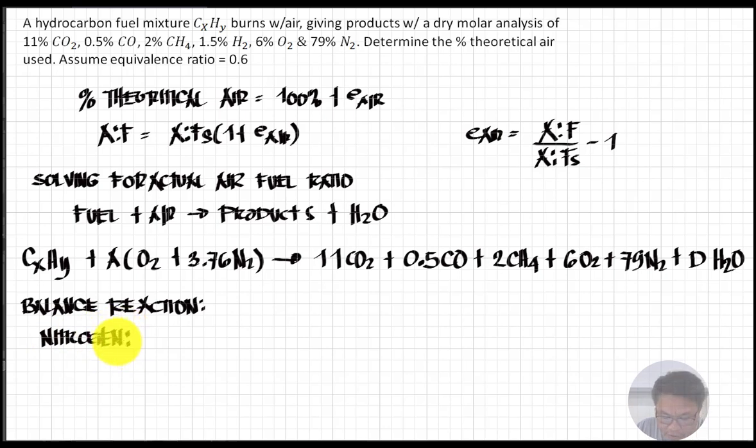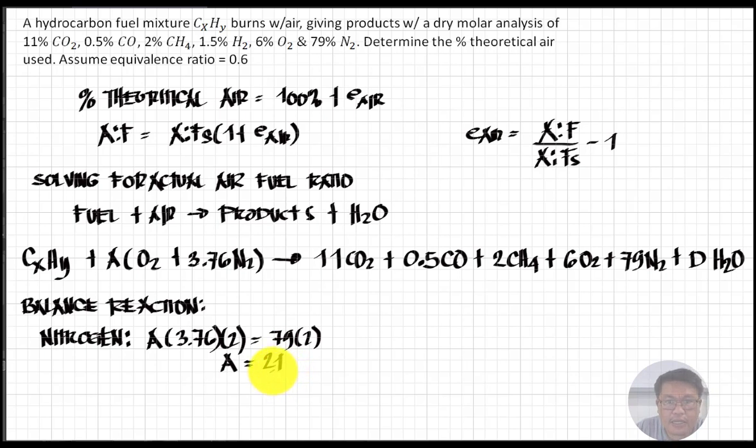For our nitrogen here, what we have is 3.76 multiplied by A, so that will be 3.76 times 2. On the product, we have 79 times 2. Okay, so we can now solve for the value of A, which is 21.